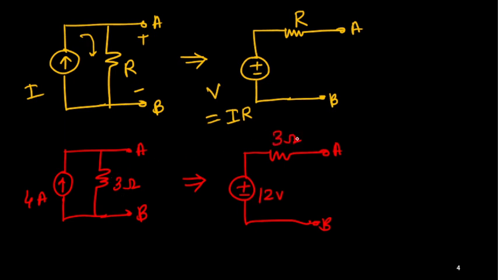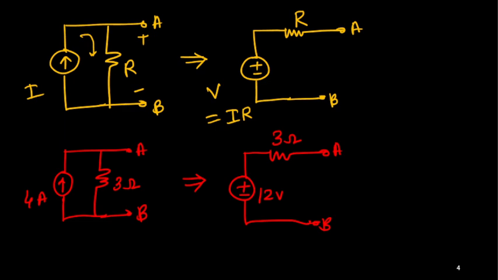It's complete. Now to use this source conversion in a circuit, sometimes you will be getting more than one source. Then you need to understand how to combine the sources. If I have more than one source, then only you can simplify the circuit and solve the complete circuit using source conversion only.